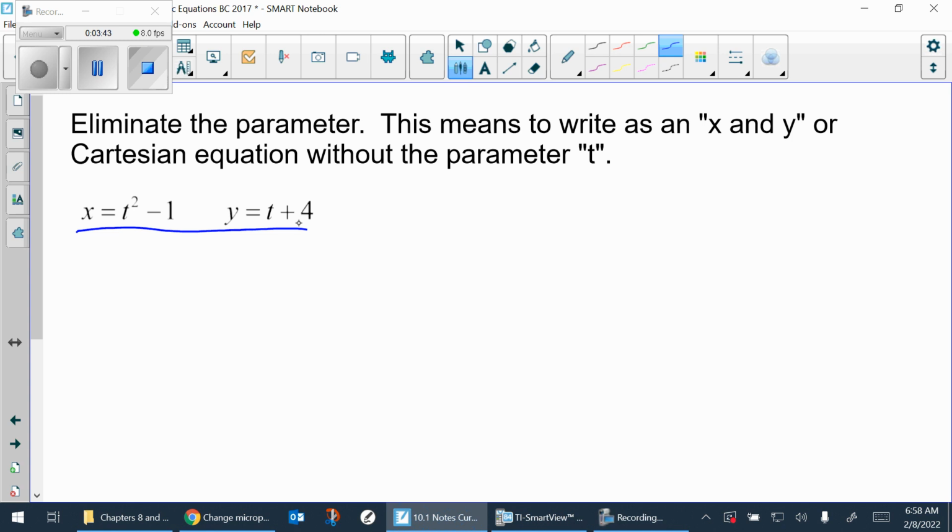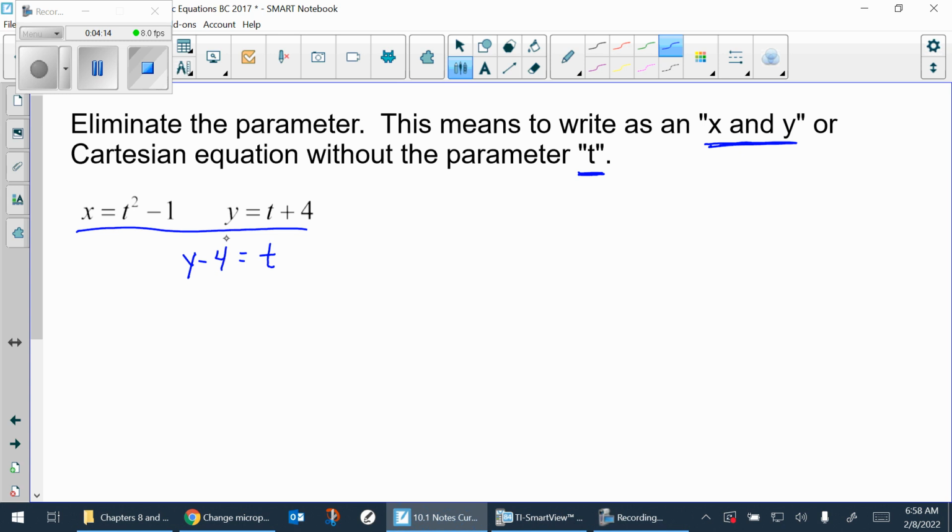But we can turn this parametric equation, or set of equations, into an equation that's got nothing but x's and y's by eliminating the parameter t. And to do that, what we're going to do is solve this equation for t. t would equal y minus 4.